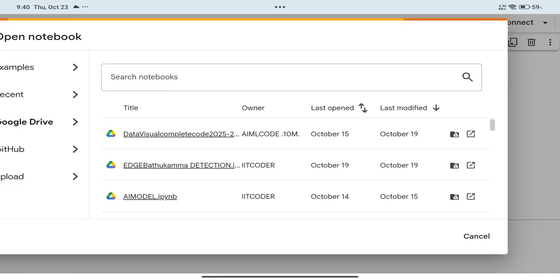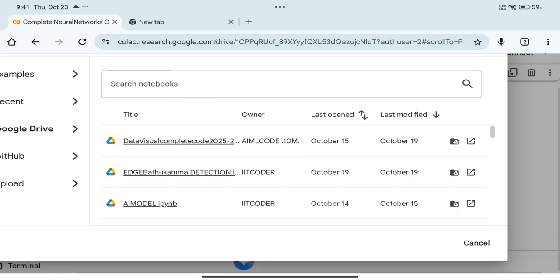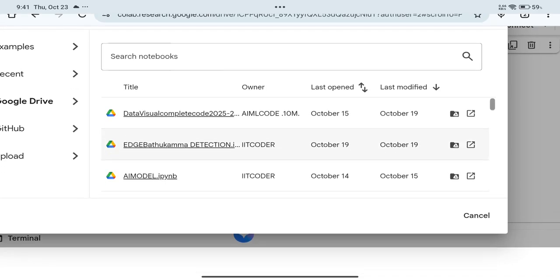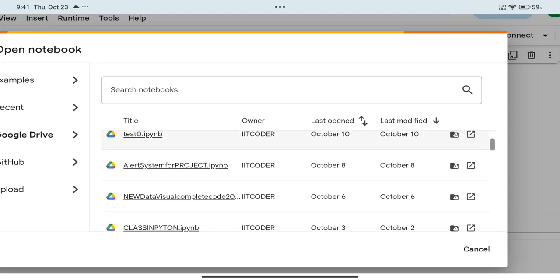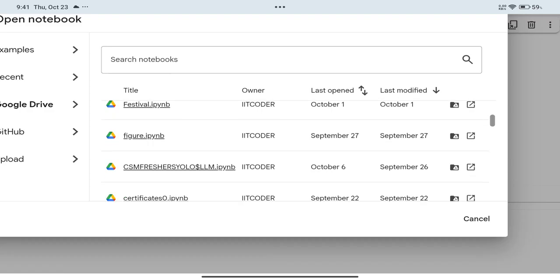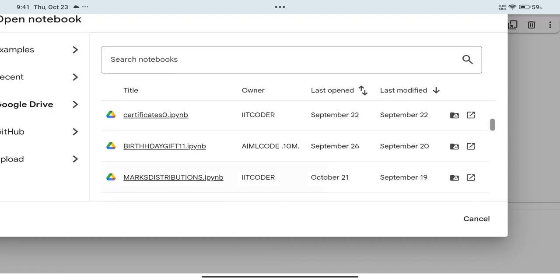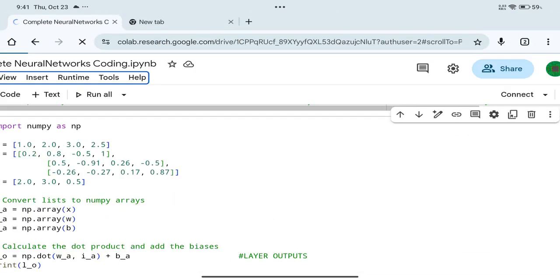Okay, I have created many programs. There are many files. So here it is very hard, this is not possible here. If you come in our Colab, I already sent it. Again I will send the ADS all code.